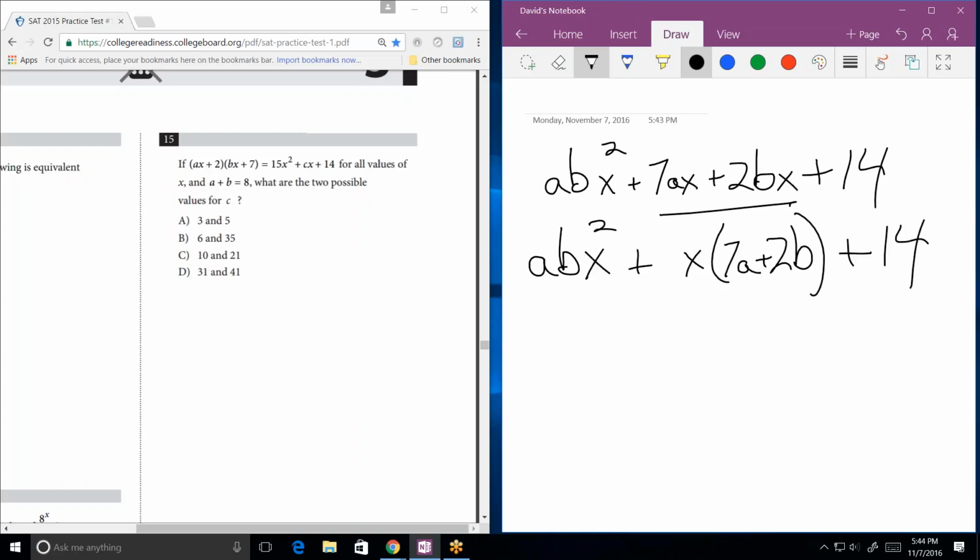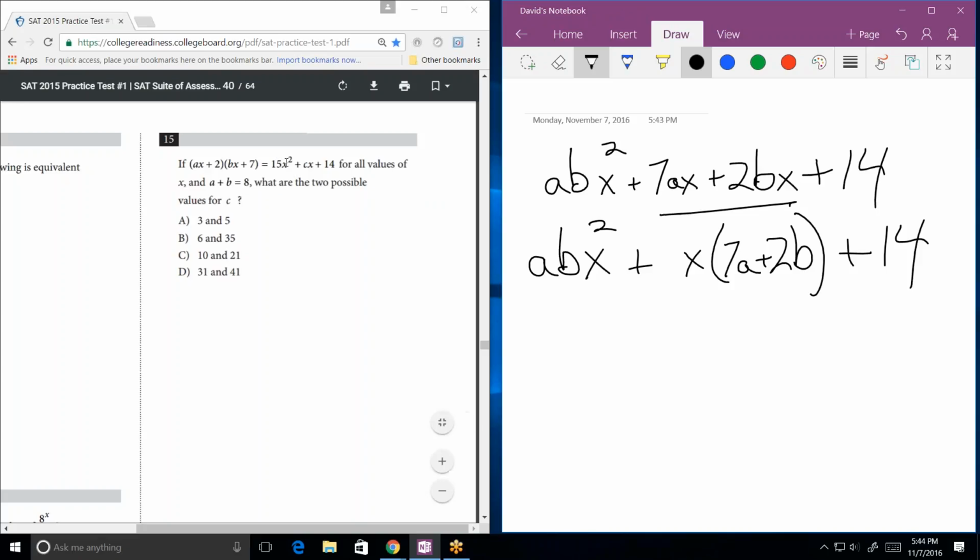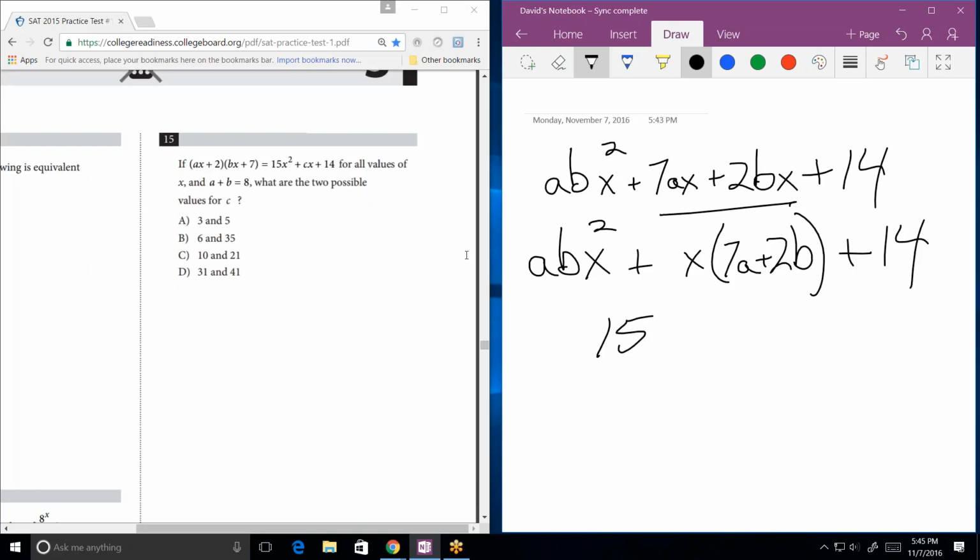Now, if all of this is equal to all of that, we can equate terms. So I've got 15 equals ab. 7a plus 2b has to equal c.